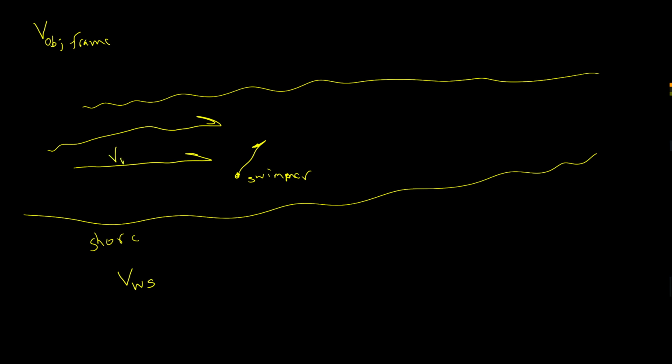That's how the water flows by. And then I can have the velocity of the swimmer relative to the water, or the velocity of the swimmer relative to the shore. So the swimmer relative to water, swimmer relative to shore. And that creates a difference here. These things act differently, they're viewed differently, they're measured differently based off of your relative frame. And physics is what we measure, so we want to get this into a calculable framework.